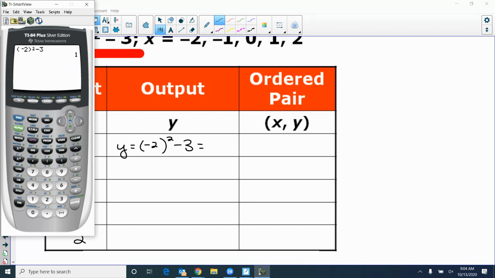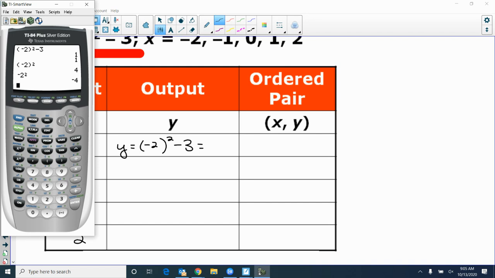Now, make sure you understand why. When you do (-2) squared in parentheses, it gives you +4, because it's doing -2 times -2. If you don't use parentheses, it'll give you -4, and then it'll subtract 3, and that's how you get -7.